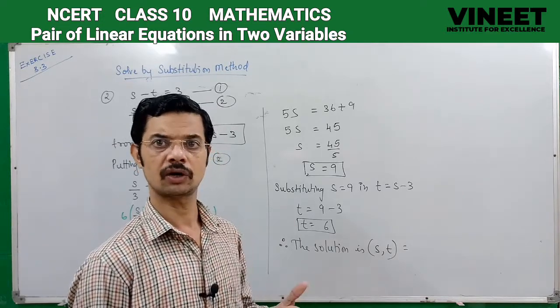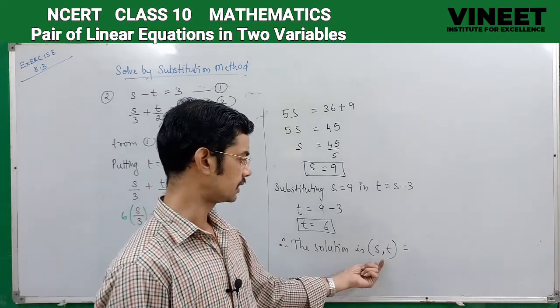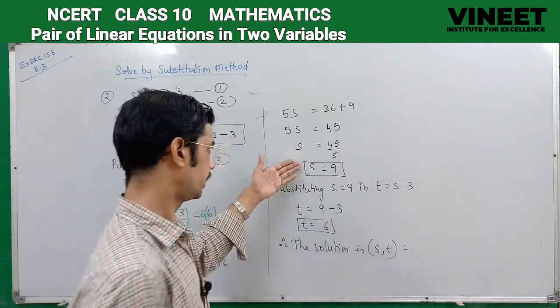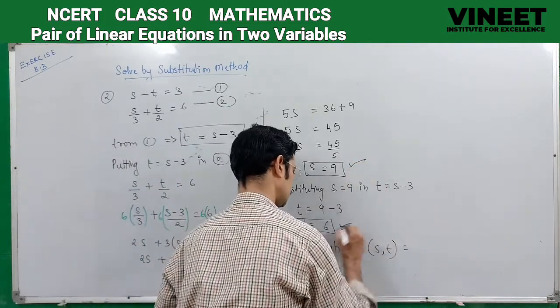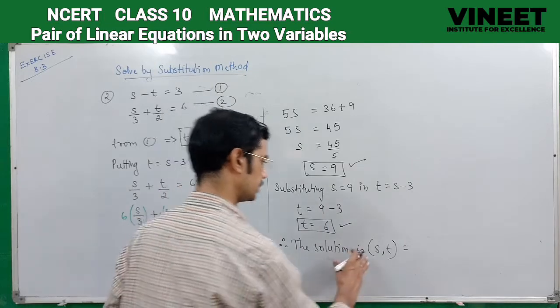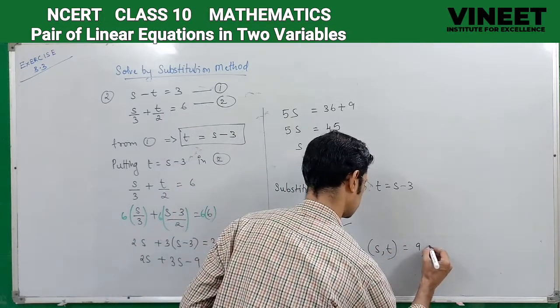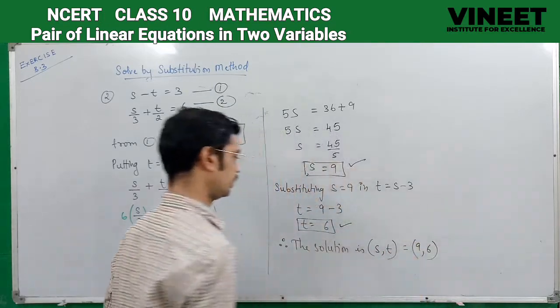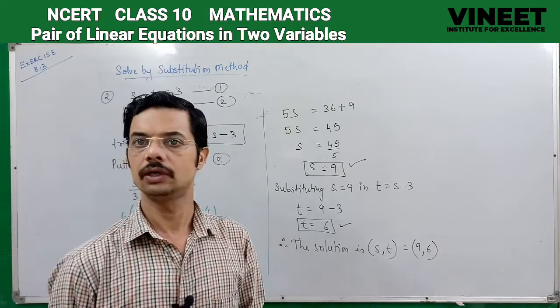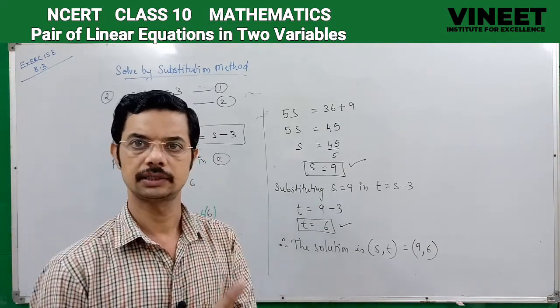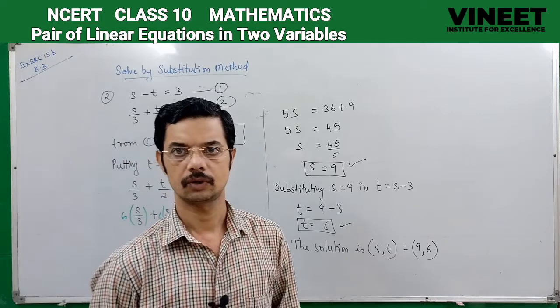So we will mention which order we have taken, and we will say that it is S comma T. That is, we have already taken S equal to 9 here and T is equal to 6 here. So S equal to 9 and this is 6. So this is the point or the solution, or it is a point where the lines intersect each other.